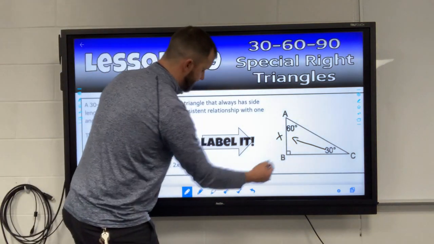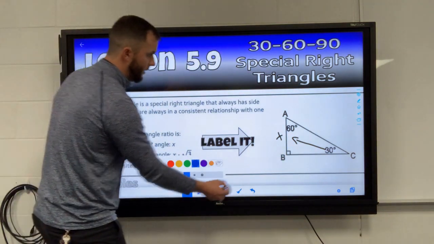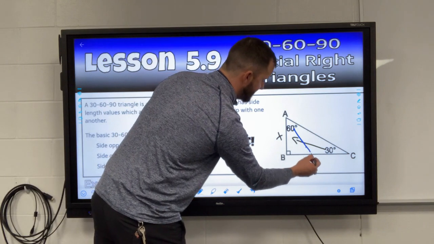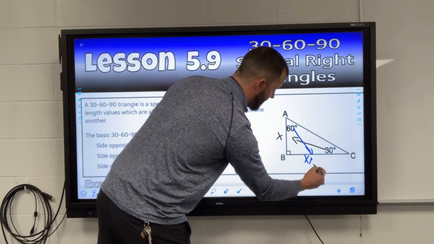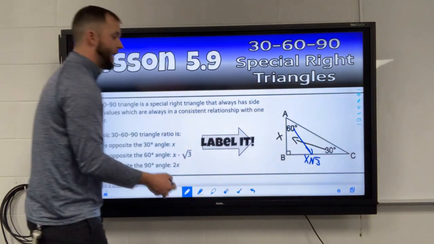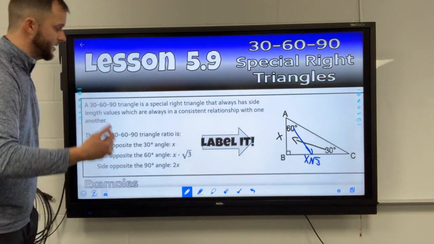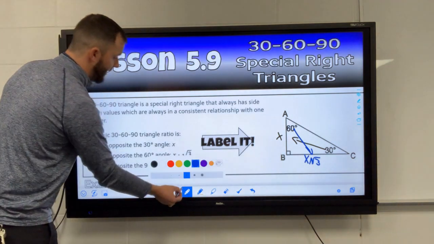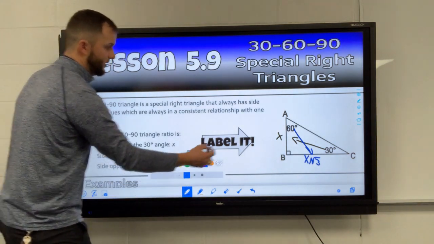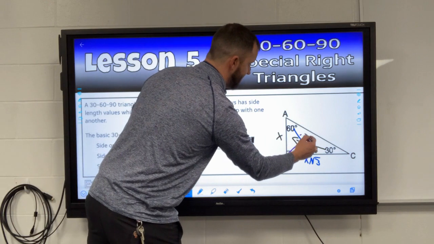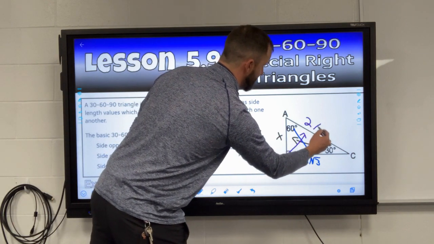The side opposite of the 90 degree angle, which is my hypotenuse on a 30-60-90 right triangle, is 2 times X.